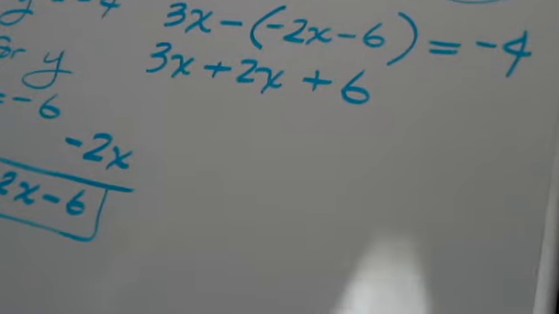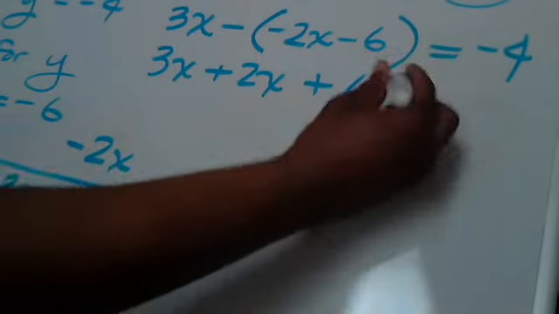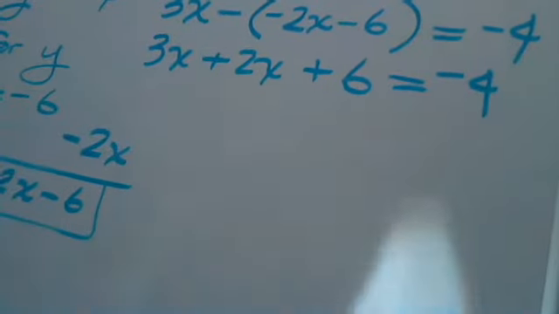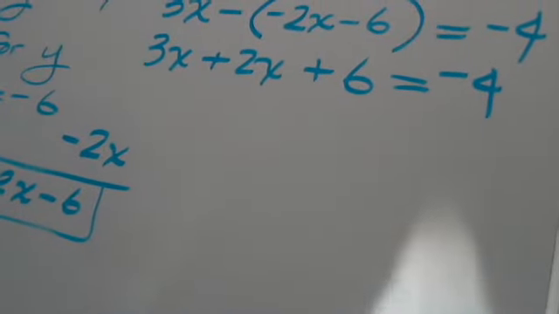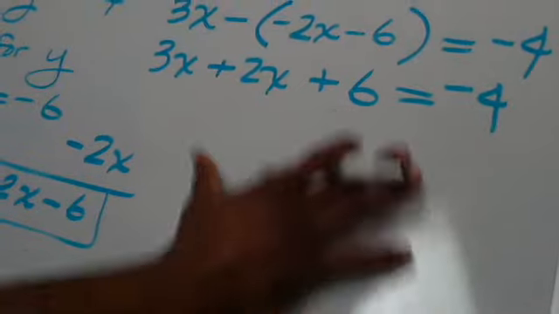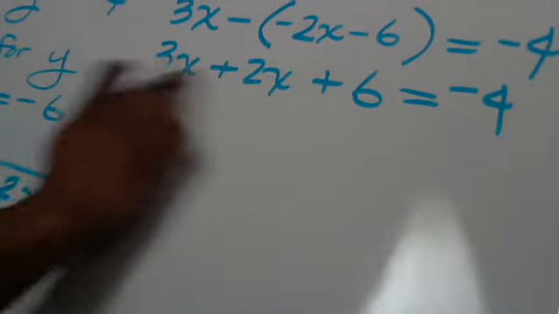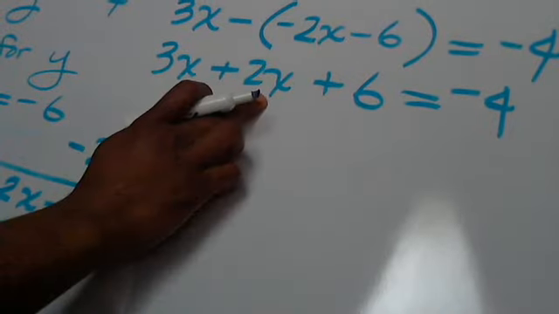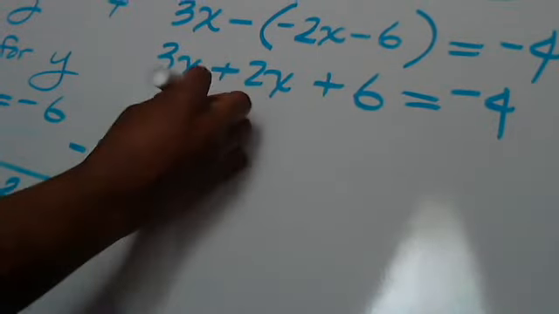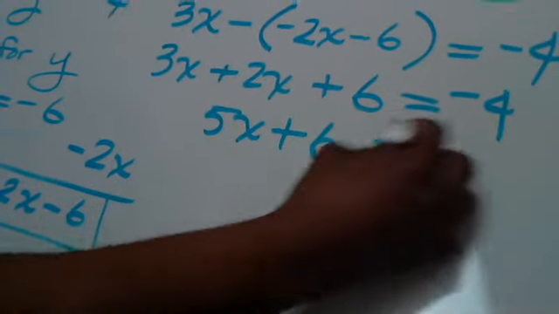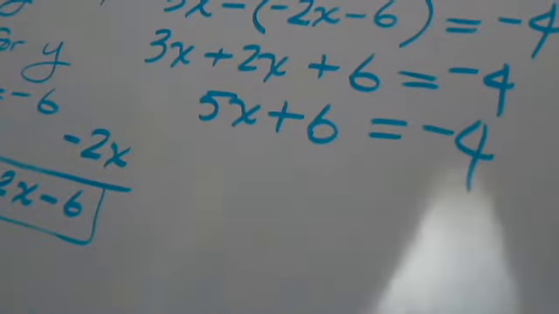And finishing out, I still have that equal, I have to write that down, -4. I have to write that down as well. So now looking at this, we've got some like terms over here on the left-hand side of the equation. And what they are, these x terms here. So 3x plus 2x is 5x plus 6 is equal to -4.